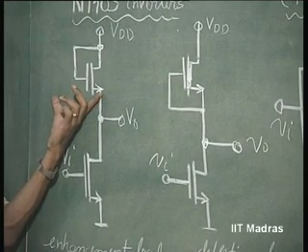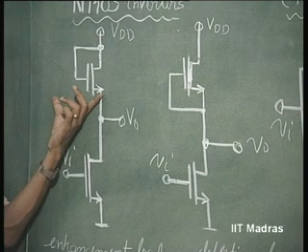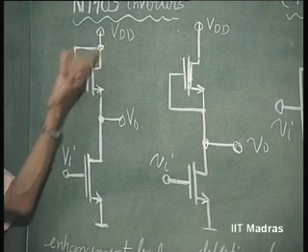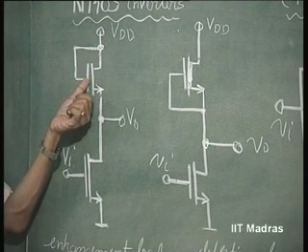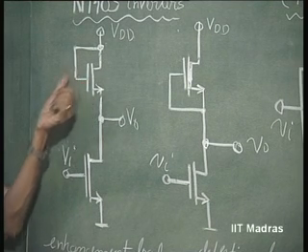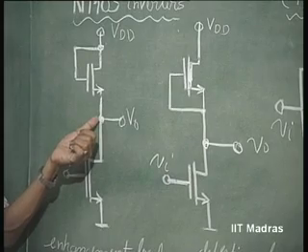We do not want any resistors at all coming into picture. And also we do not want to use further voltage sources other than VDD, in which case this gate is a terminal which should be connected to something. If you connect it to source, it will not conduct at all, because it requires a gate to source voltage higher than the threshold voltage.